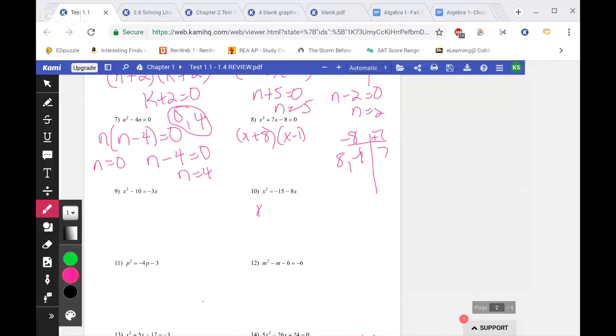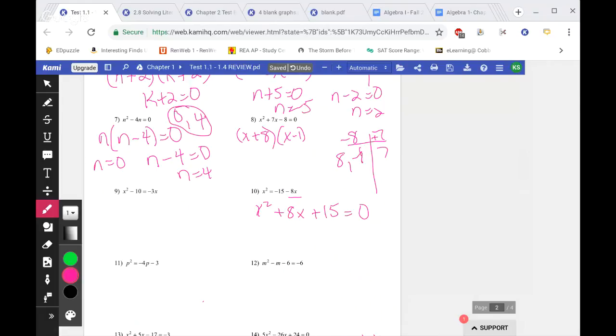So the x squared is in good position, but I would need to add 8x to this side to get it from this side to that side. And I would need to add 15 to get it from the right side to the left side. Does that make sense?